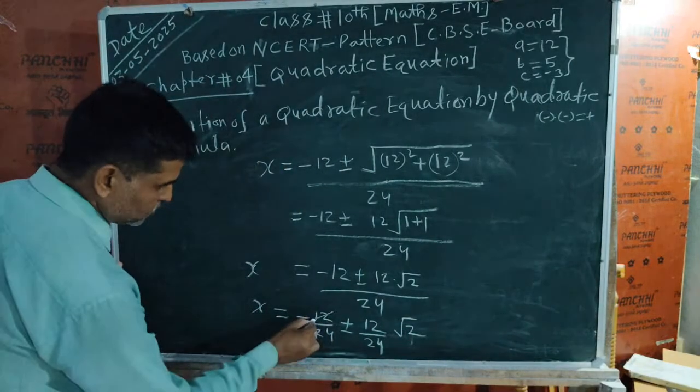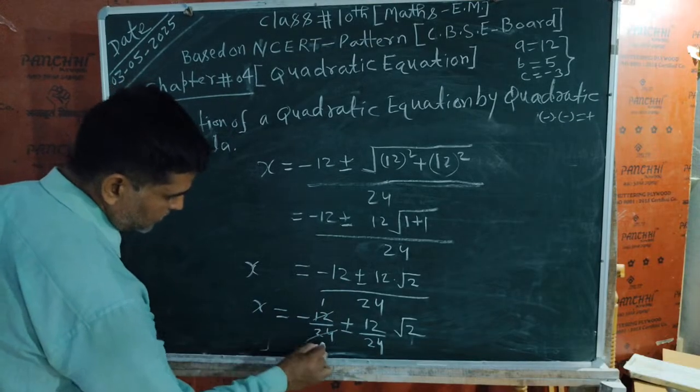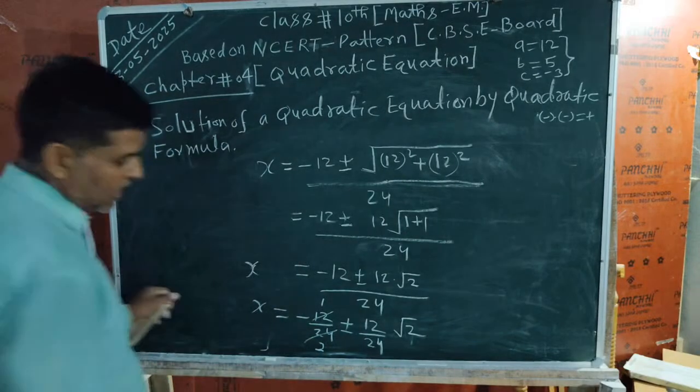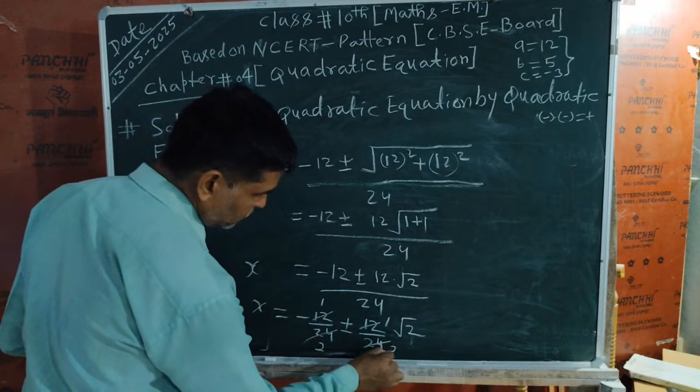Now 12 is divided with 1, and this will be 2. 12 1 is 12, 12 2 is 24. Again here I will write 12 1 is 1 and 12 2 is 24.